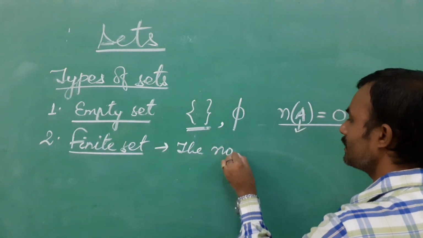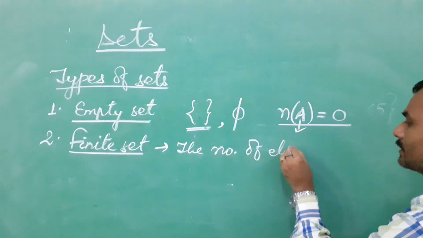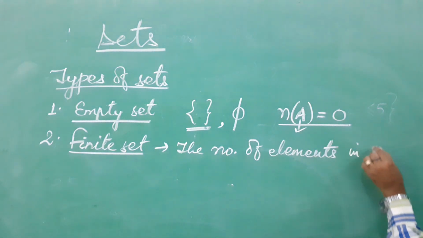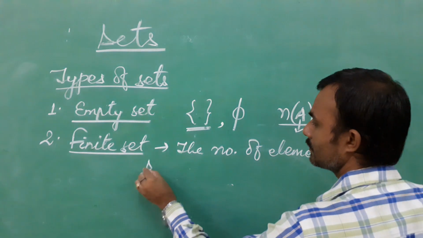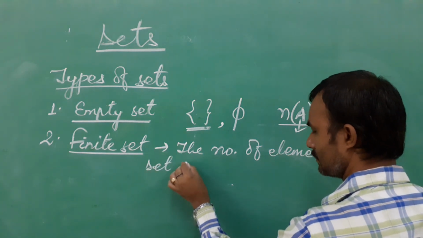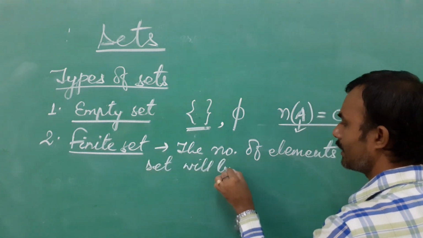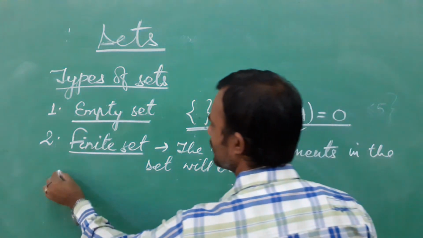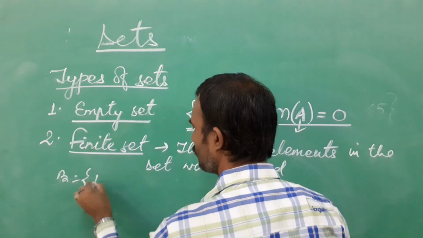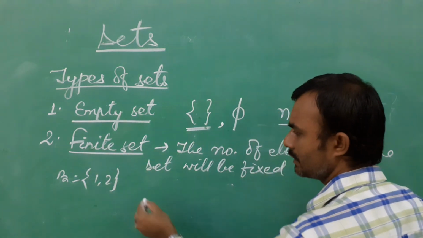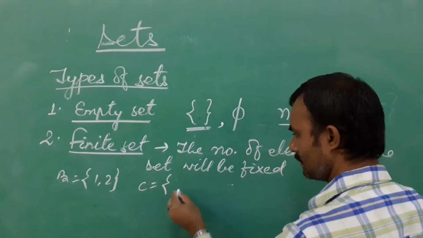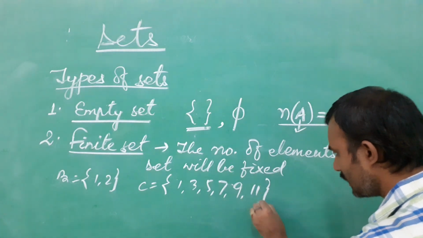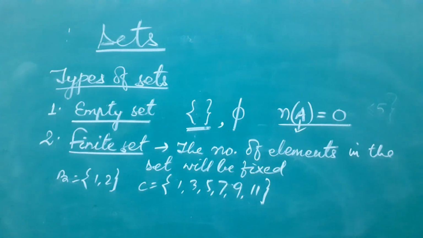For example, 1, 2, there are 2 elements only. 1, 3, 5, 7, 9, these are all numbers, but if it is till 11, then it is finite.